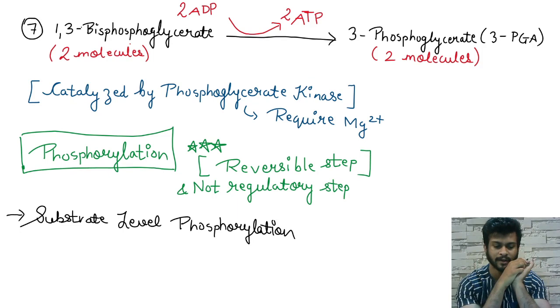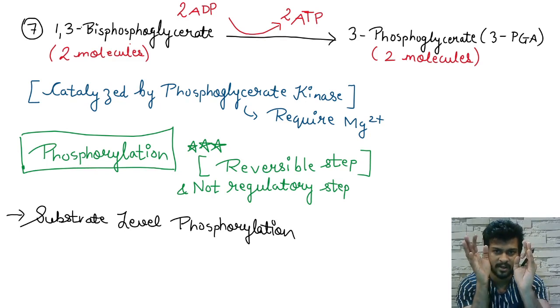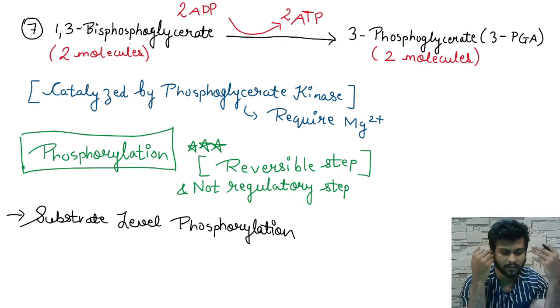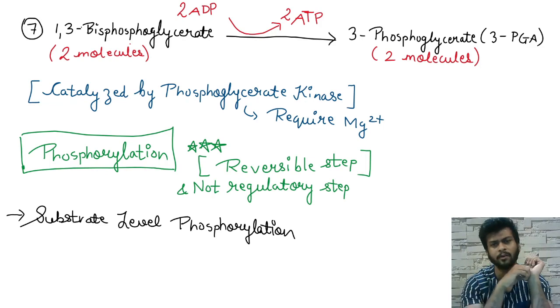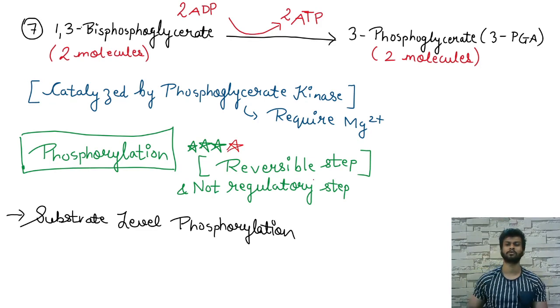Now, as I was saying, this is a rare exception, because mostly phosphorylation steps are irreversible in nature and irreversible steps are regulatory in nature. But in spite of this being a phosphorylation step, it is a reversible step and it is not a regulatory step. So this is a rare exception. That's why I have marked 4 stars over here, because it is important.